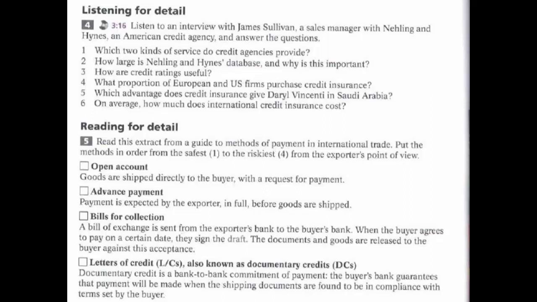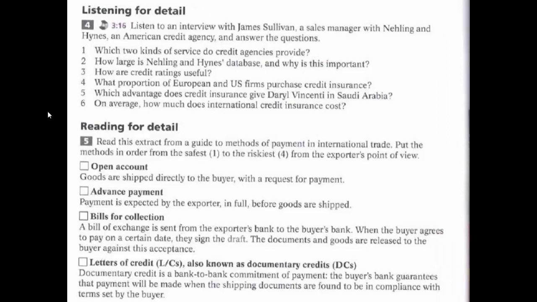Nowadays, companies like Eisenhart need to export, so they're discovering the advantages of credit insurance. For example, it means that in Saudi Arabia, Daryl can trade on open account, with no need for letters of credit, which take a lot of time and are relatively expensive. I see. Talking of expense, what does credit insurance cost? Well, of course, it depends on the contract. The more risk the insurer takes on, the higher the premium will be. But on average, I would say, for international credit insurance, between 1/4 and 1% of sales.